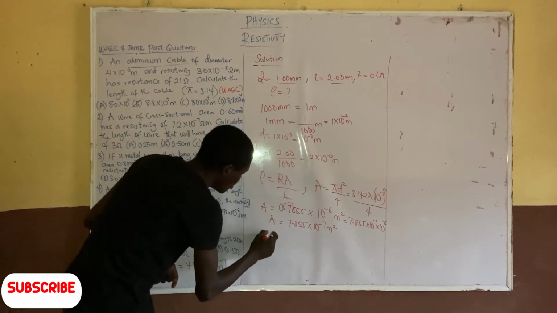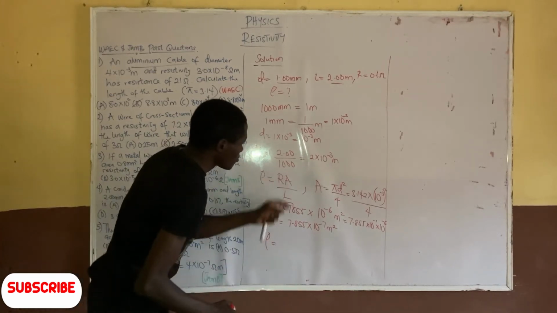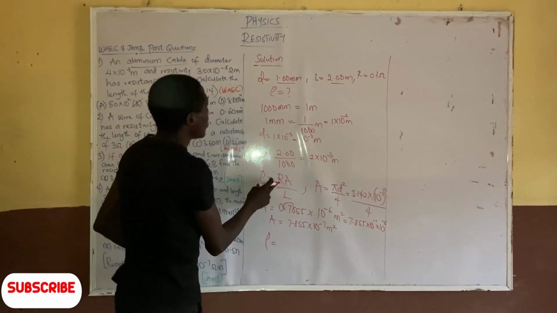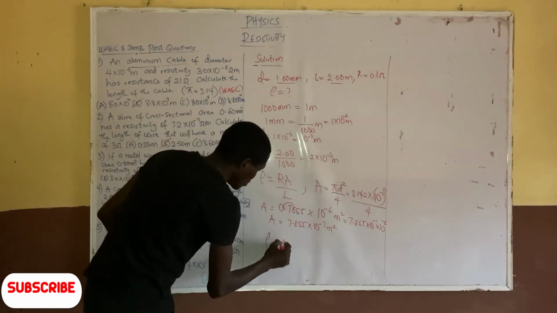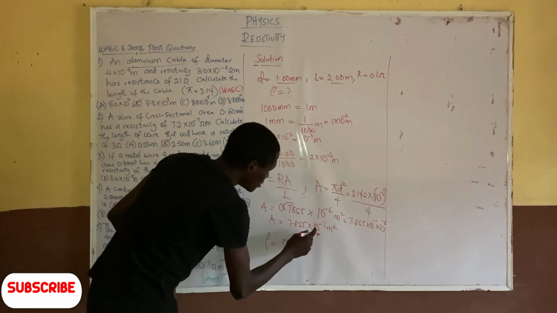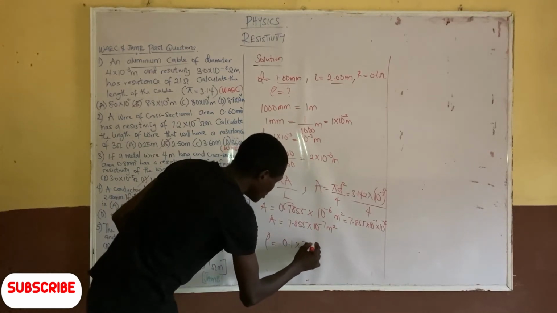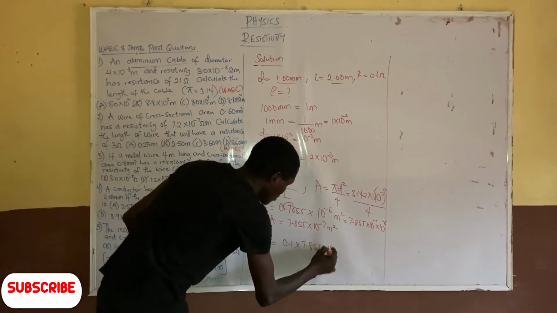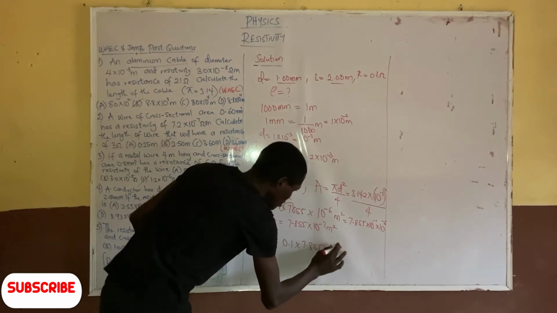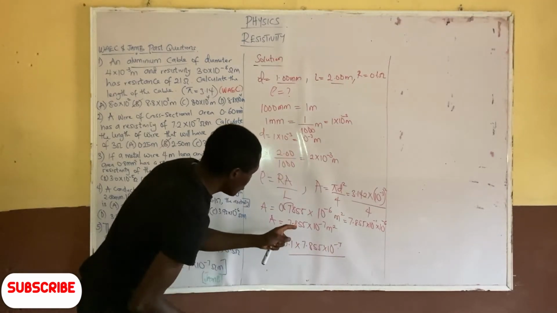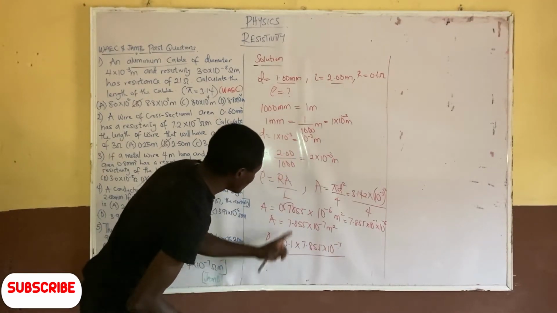So now substituting the values, we have the resistivity. What's your R? Your R here is 0.1, multiplied by the area, which is 7.855 times 10 raised to the power minus 7, all over L. What's your L?